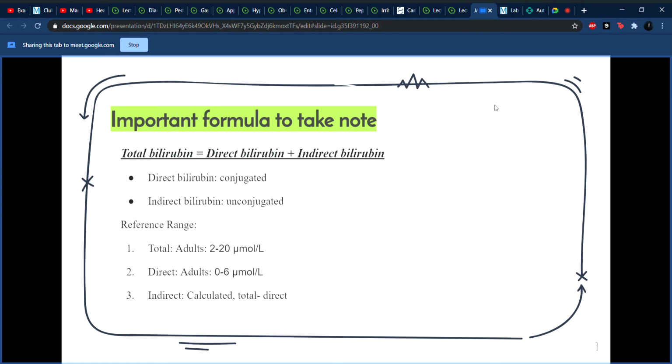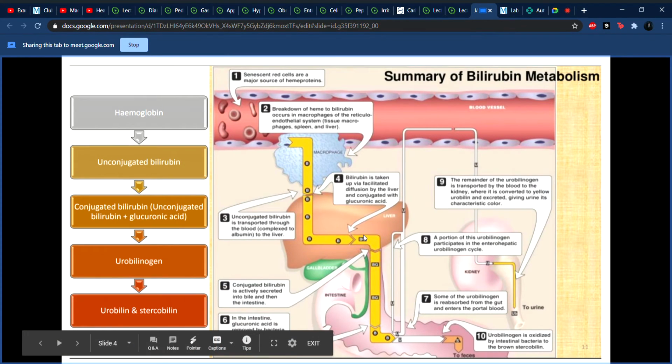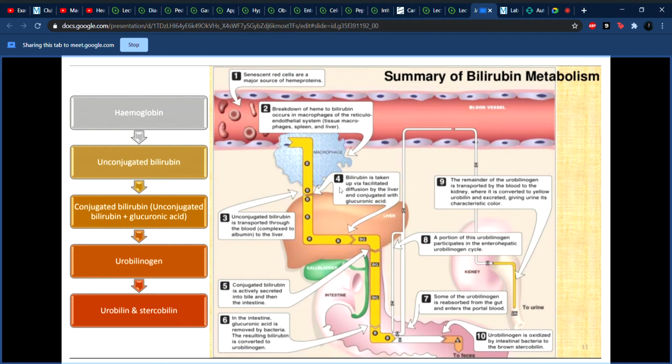So for bilirubin, I'll explain in this slide. As you can see here, during the third or fourth point, unconjugated bilirubin is the direct result from hemolysis, from the breakdown of red blood cells. So you have heme and globin.